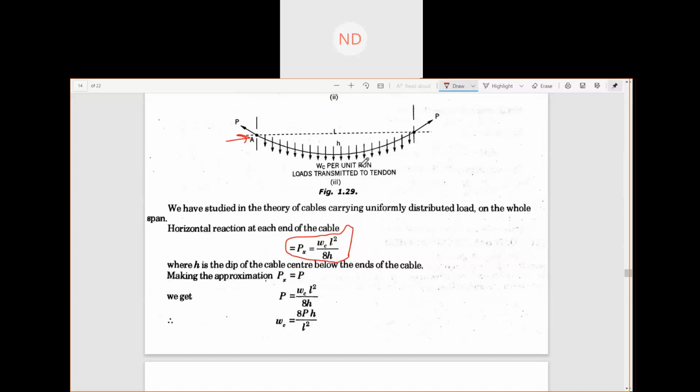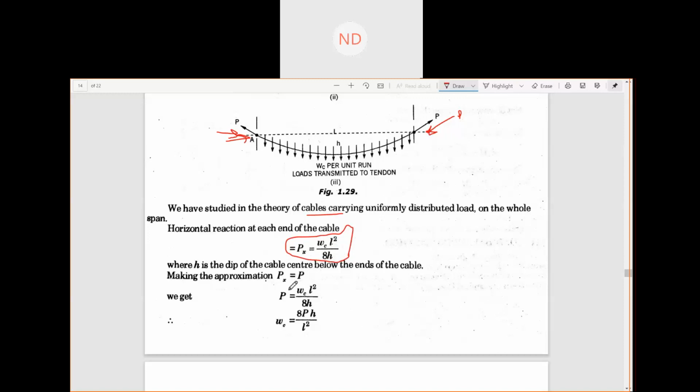It will act similar to the cable, so the horizontal thrust is Wc L square by 8h. Since we are giving a pre-stressing force, this force P acts horizontally after you pull the parabolic tendon. So we can consider Px to be P.